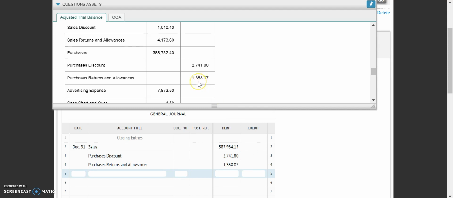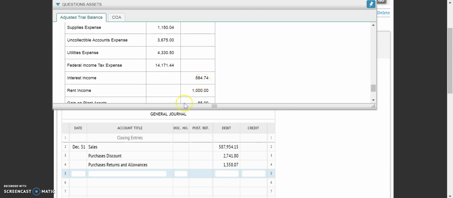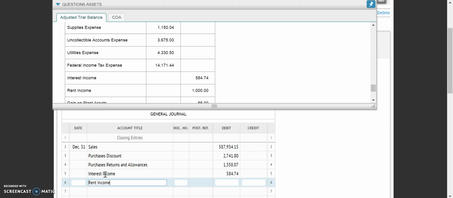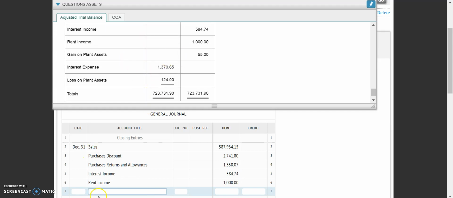The next one, in order to find it, we're going to have to scroll for a while because it's at the very bottom. It's our interest income. So we plug in interest income here. That's going to get debited for $584 and 74 cents. And then rent income for $1,000. And our last income statement account with a credit balance is gain on plant assets for $55.